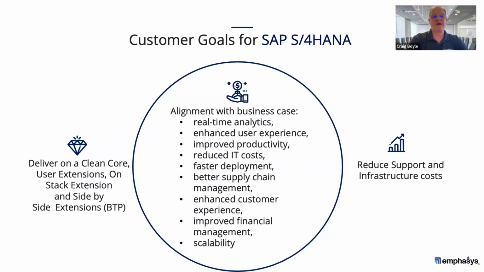So as we stand back in terms of the business case, there might be a whole set of parameters that we need to understand that we're going to sell to the business around, as you can see, real-time analytics right down to scalability. But from an IT viewpoint, we're also setting up the system for the future with a clean core, which is different to what a lot of SAP people have been used to, and essentially levels of extensibility ending in BTP, where you've got that cloud platform and software as a service.